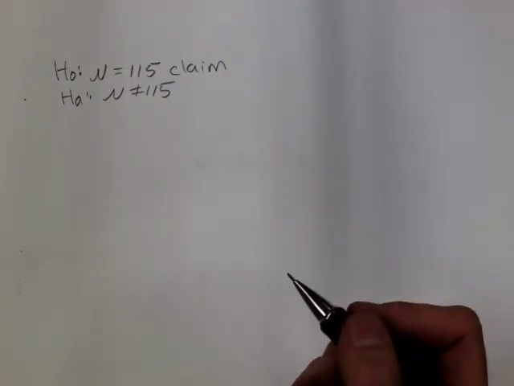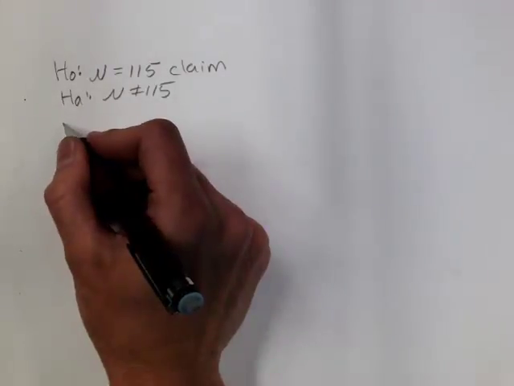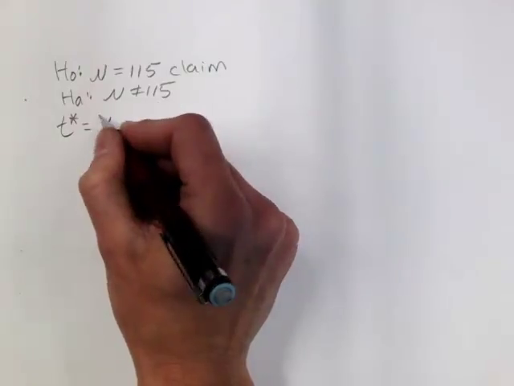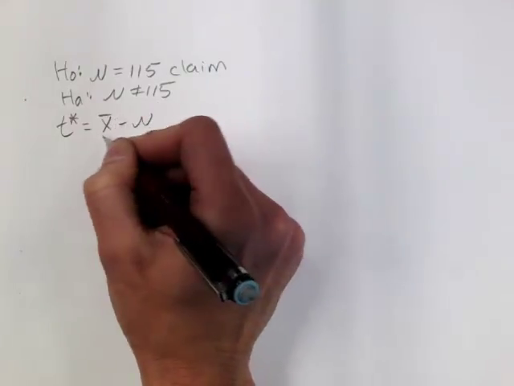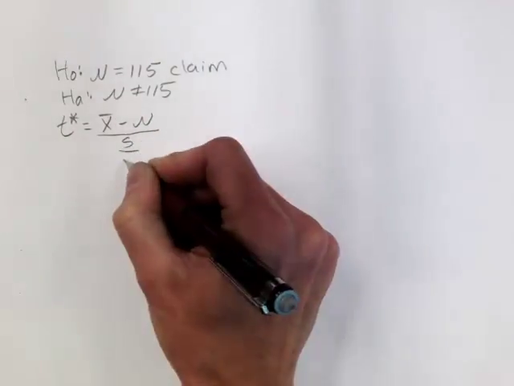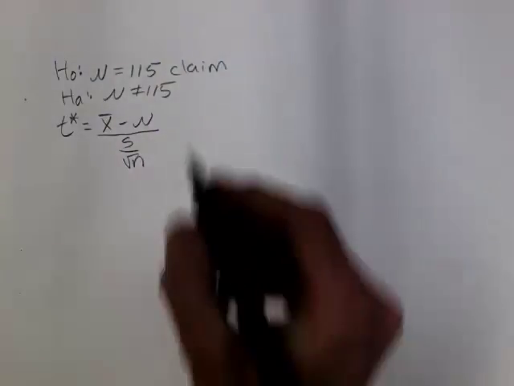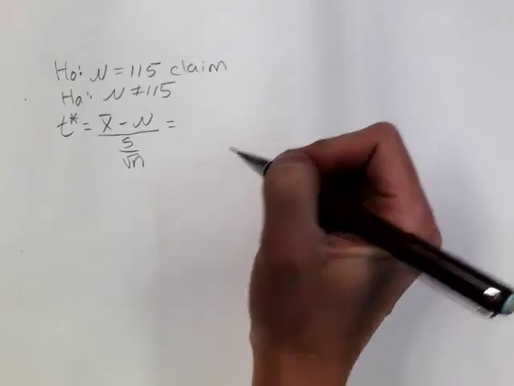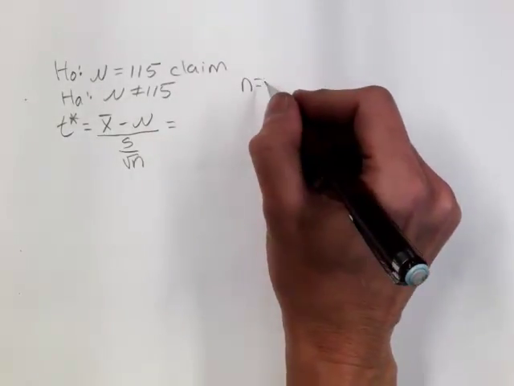Okay, so first I want to calculate the standardized test statistic. That's x bar minus the claimed parameter over s over the square root of n. Reading the problem, n is equal to 34.